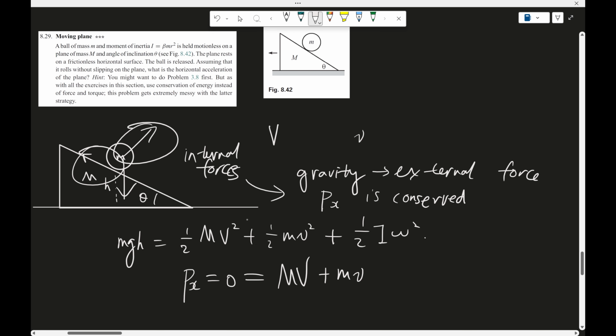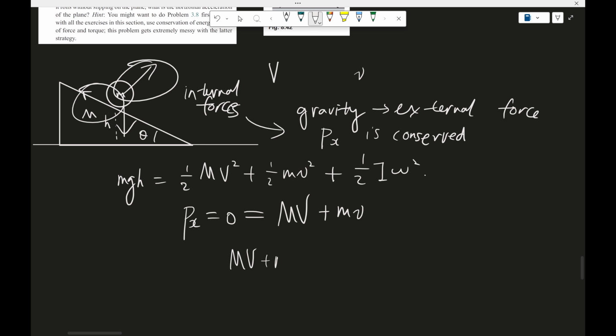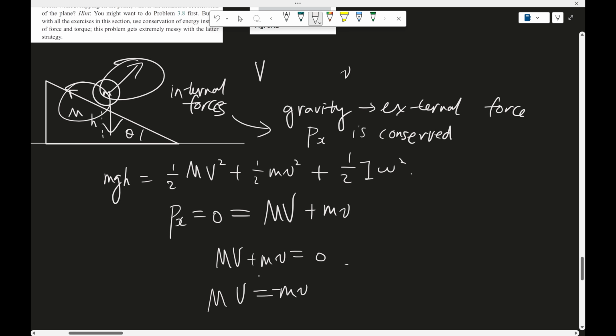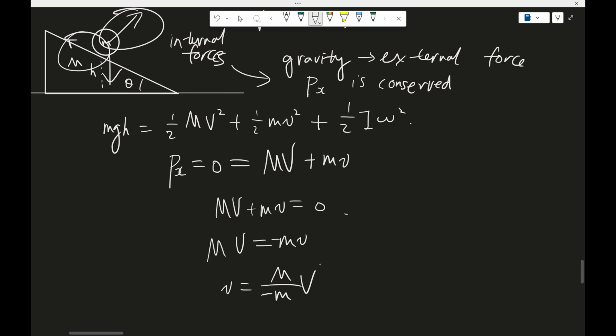So here then we know that big M V equals negative small m v. And so then we know that small v is negative M over m times big V. And so here we've eliminated some variables.